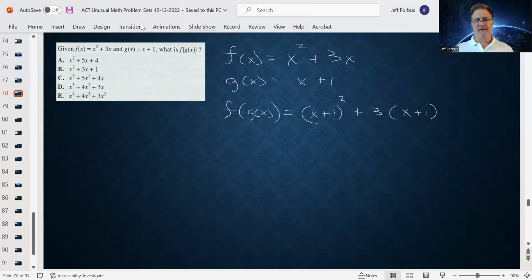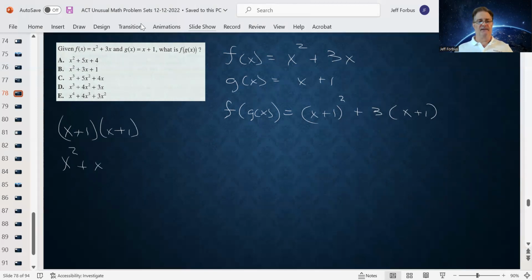That created a binomial squared. So that means x plus 1 times x plus 1. You guys all remember, you multiply binomials by FOIL. So x times x, x squared. A positive x times a positive 1 is a positive x.